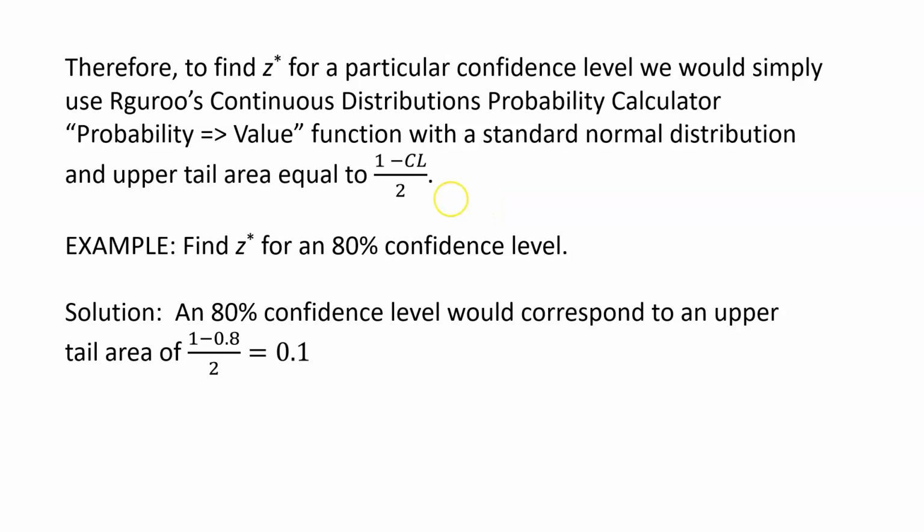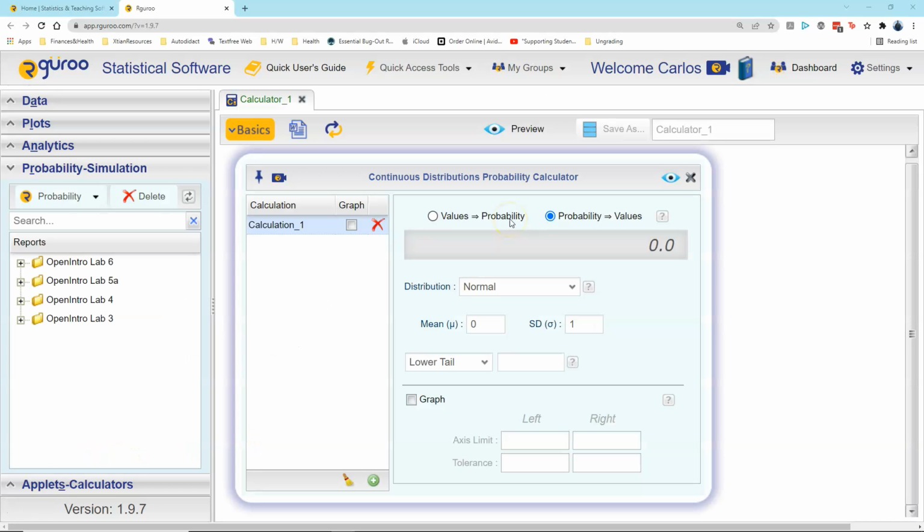Now, let's go to our Guru and see what z-score value, z asterisk value, would correspond to that right tail area. So here we are in the RGuru Continuous Distributions Probability Calculator. I have selected the probability to values radio button, distribution normal, standard normal, so the mean is 0 and standard deviation 1.